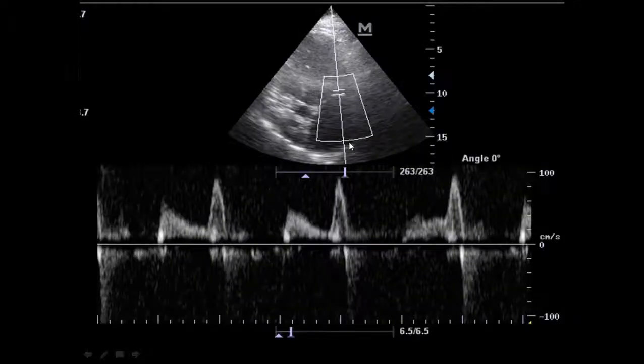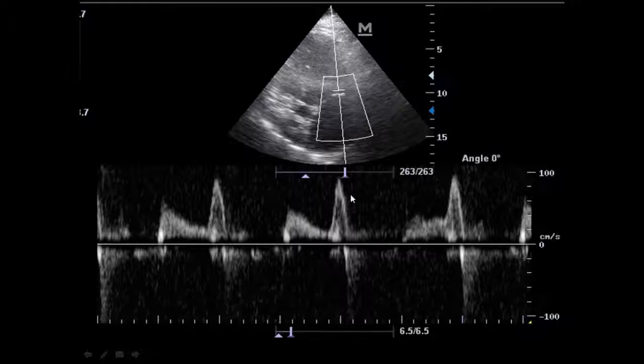To fit the puzzle together, after you document that the patient has ischemic cardiomyopathy, as evidenced by akinesia of the inferior wall, basal septum, and anterior wall hypokinesia, you need to know the diastolic state of the patient. You put a pulsed wave Doppler at the tip of the mitral valve. In our patient, this is the E wave and this is the A wave.